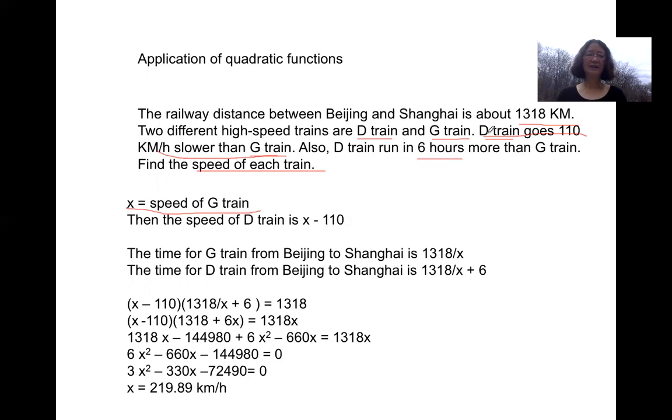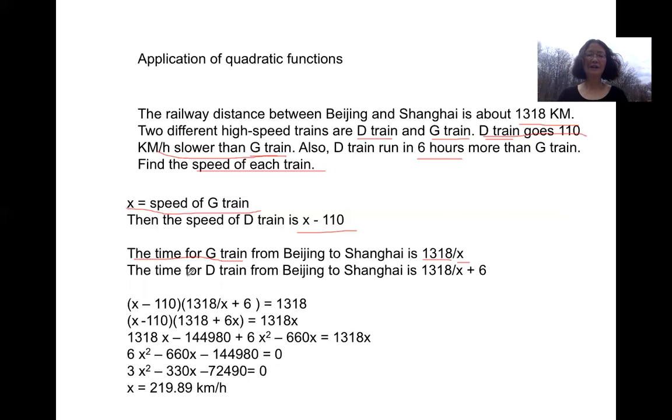The D train is 110 slower than G, so the speed of D is x minus 110. Once you know the speed and the distance, you can figure out the time for the D train running from Beijing to Shanghai. It is distance divided by speed.